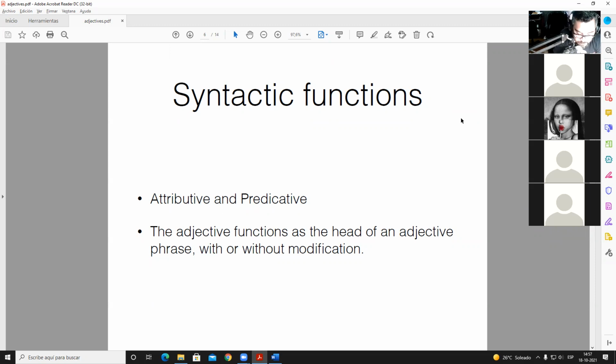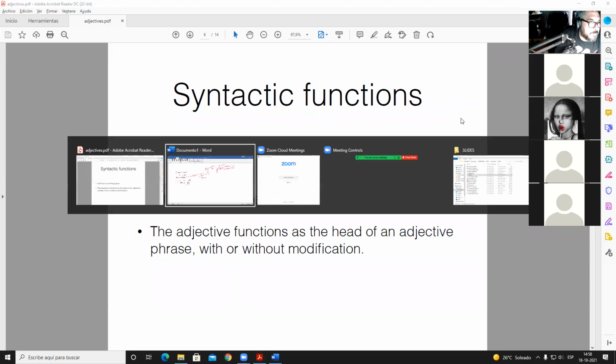Which are these different forms? These different forms are basically two. They can be its own head, therefore we are stating the presence of an adjective phrase, or on the other hand, they can be modifiers inside of other structures. In this case, they can be pre-modifiers inside of noun phrases, right? Can I have post modifier adjectives? Yes, I can have it, but I require certain specific context. Like for example, this one.